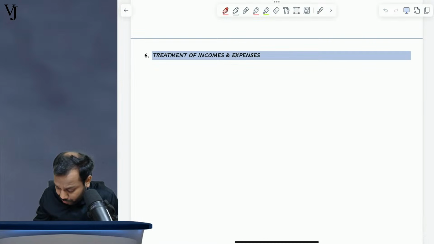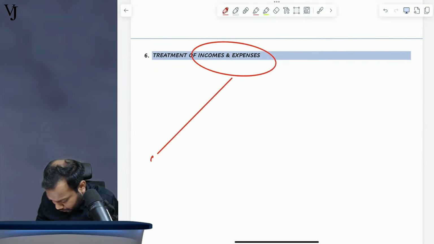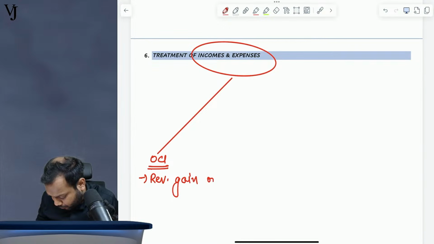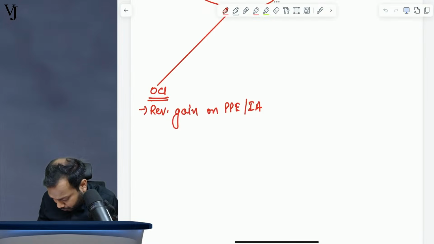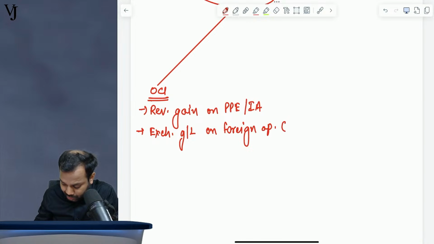Whenever there is an income or expense during the year, under OCI you write revaluation gain on property, plant and equipment and intangible assets. You write exchange gain or loss on foreign operations. It is there in the SBR syllabus only, not in FR.